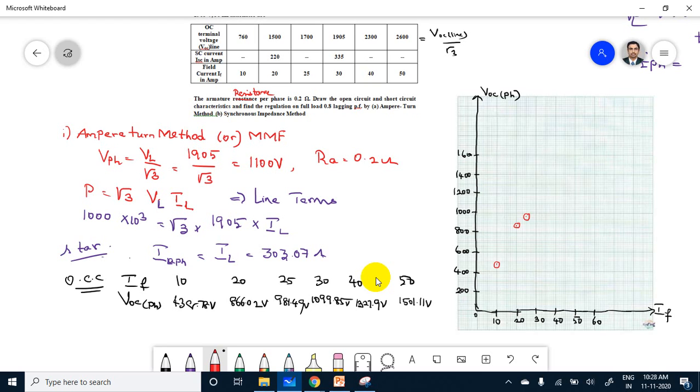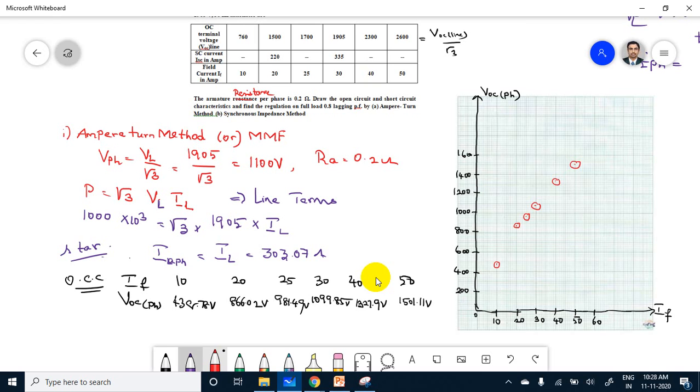For 30 it is 1099. For 40 it is 1327. For 50 it is 1501.